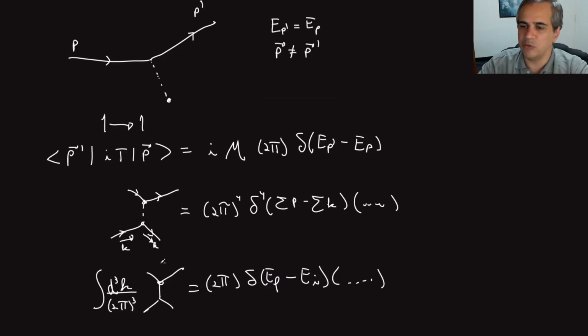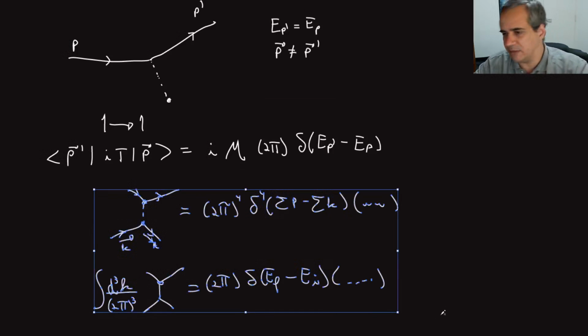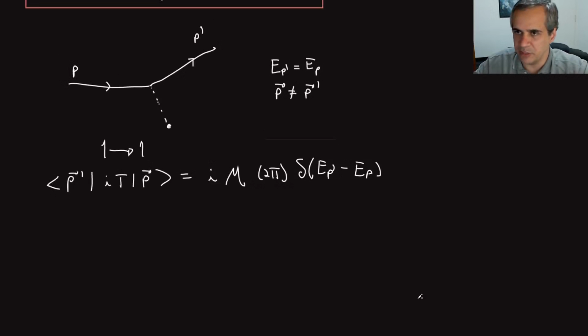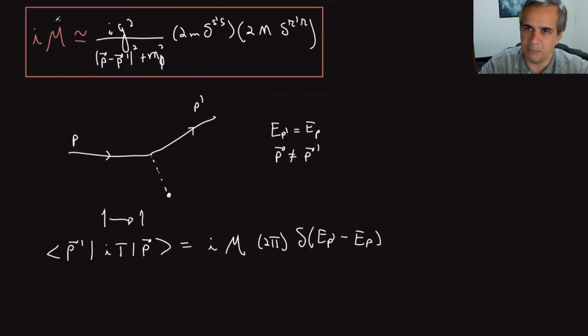It becomes a one-to-one scattering because I integrate over the momentum of the target, and that eliminates three of these deltas and leaves me just with that. So that's the expression I'm going to use, right? So I can plug this iM here, remember, without this part, because this is also part of the dynamics of the target, right?